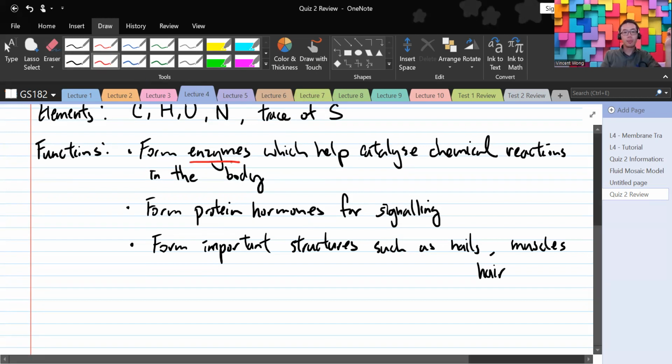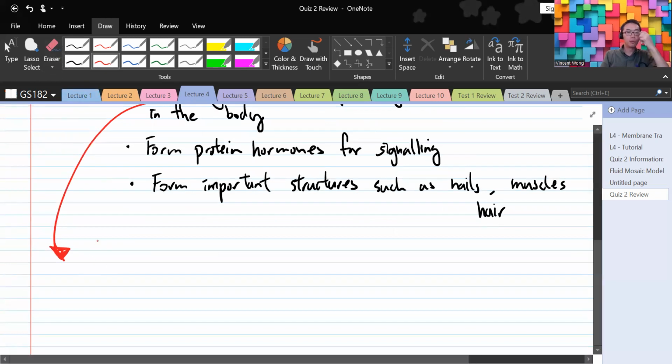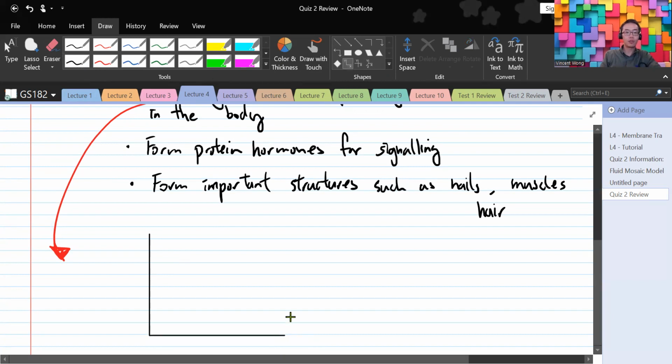I do want to talk a little bit more about enzymes. Okay. So enzymes, they work by lowering the activation energy, right? And in the lecture, you might remember there's a graph that looks like this. This is energy on the y-axis, and then we just have time here on the x-axis.